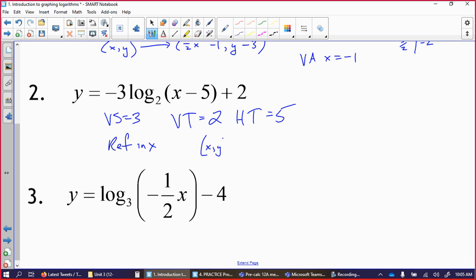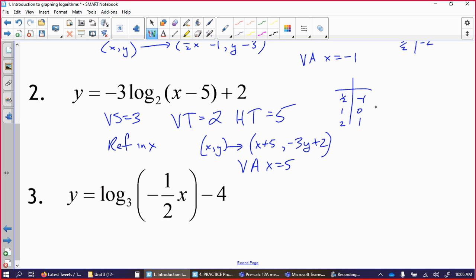So x plus 5. Whoops. So this is going to have a vertical asymptote at x equals 5. -3y plus 2 log base 2. So a half, 1, and 2.